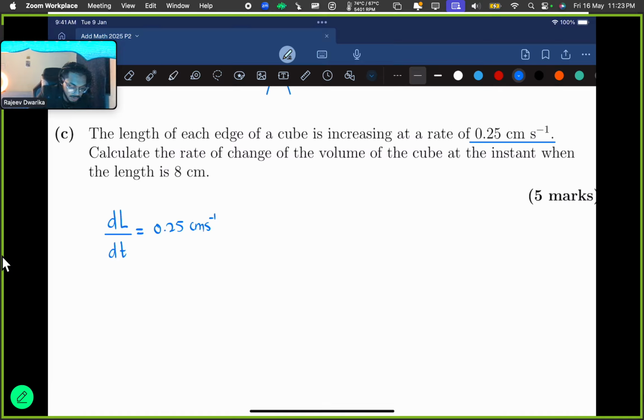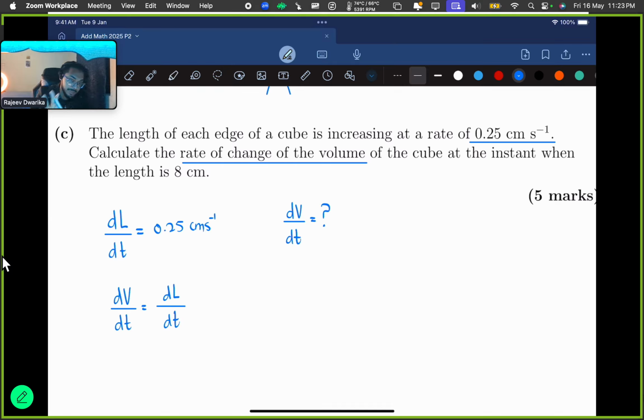Calculate the rate of change of the volume. They want us to find the rate of change of volume. Everything changes with respect to what? Time. Yes, time. So that's going to be dv dt we're trying to find. Check this hack, it's crazy. If I want to get dv dt, I already have dl dt.